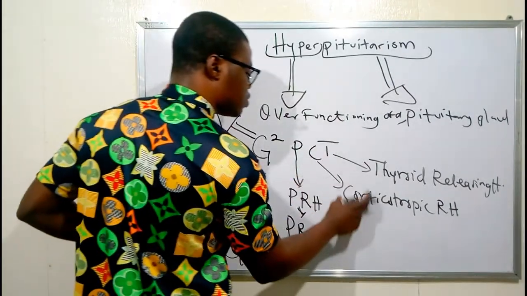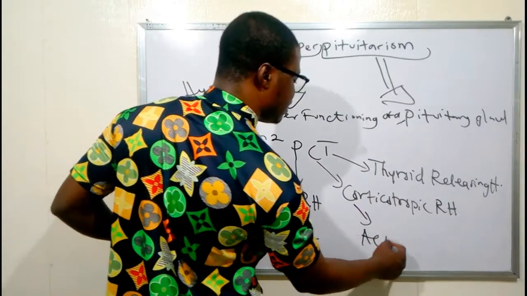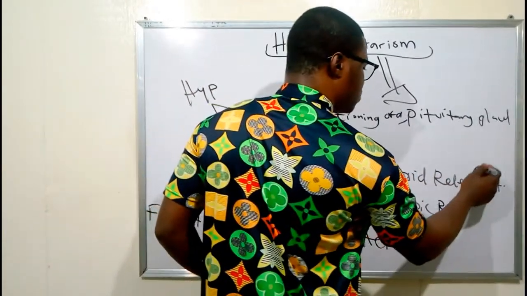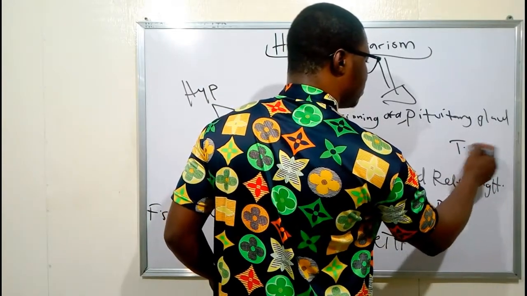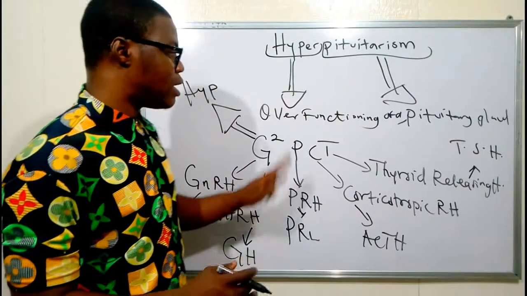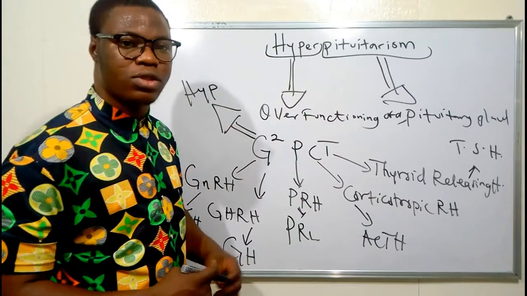In response to the corticotropic releasing hormone, the pituitary is going to secrete ACTH, and for the thyrotropin releasing hormone, the pituitary is going to secrete thyroid stimulating hormone. So, having said this, I'm going to clean the board, and we are going to talk about the hyperfunctioning of all these hormones. Stay tuned.